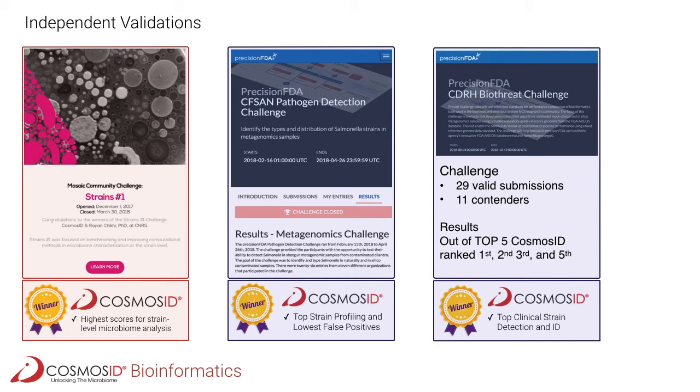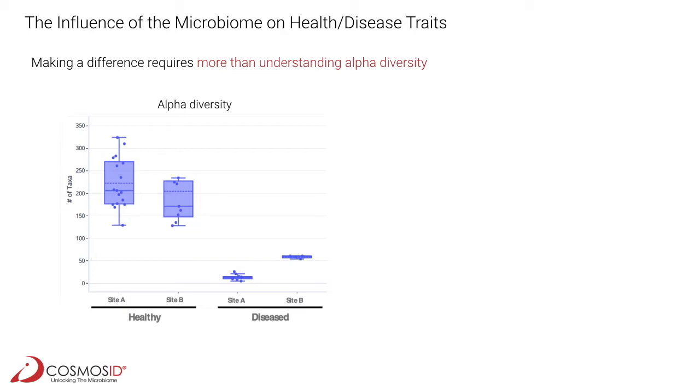Those validations were carried out by Janssen Pharmaceuticals and by 2 different centers of the US Food and Drug Administration. And we're very happy to report that we won all 3 challenges with leading scores in strain level identification.